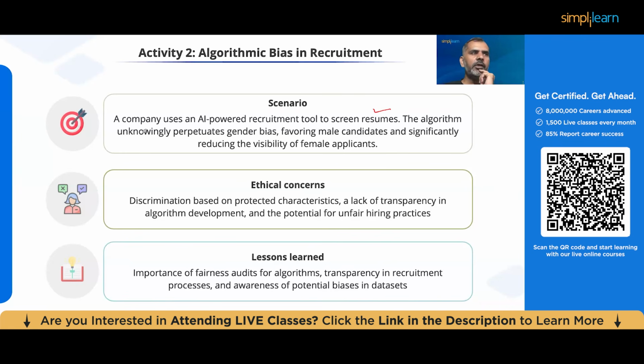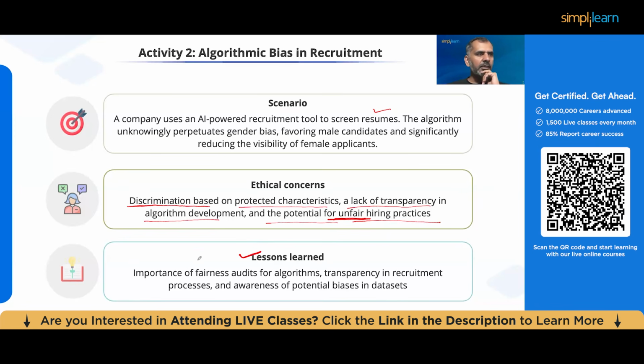And if the algorithm unknowingly favors the male candidates, it introduces ethical concerns in terms of discrimination based on protected characteristics. There is a lack of transparency in algorithm development and potential for unfair hiring practices. That has become your ethical concern here. Because if your model has a bias towards male candidates, female candidates automatically get rejected. So it is an unfair hiring practice.